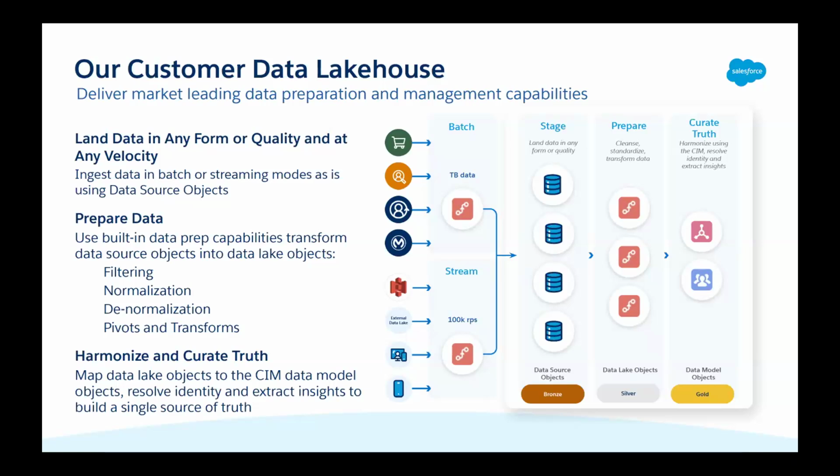And then the next stage is to prepare the data and make major adjustments through transforming your data. And then finally, we can unify and harmonize that data. So this stage flow is effectively what's referred to as a medallion architecture. That is, we've got bronze, silver, and gold tiers, and we're going to discuss this in a bit more detail shortly.